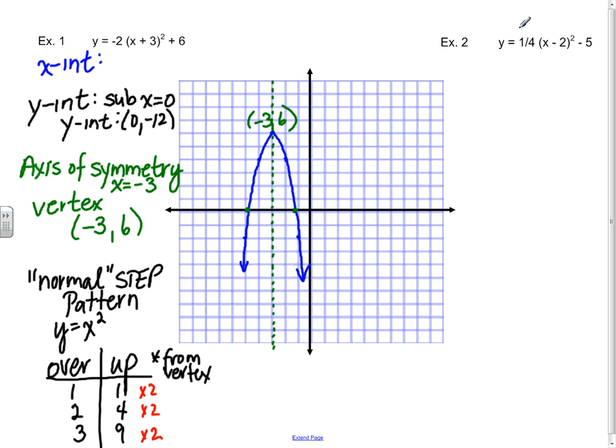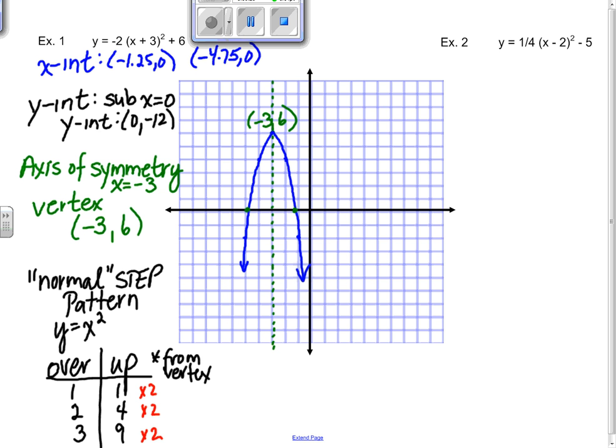Eyeballing them, it looks like one of the x-intercepts is (-1.25, 0), and the other one is -4.75. I am absolutely convinced those two x-intercepts are not correct because I am using my eyes to determine them. We're going to have to come up with a better method to get x-intercepts.